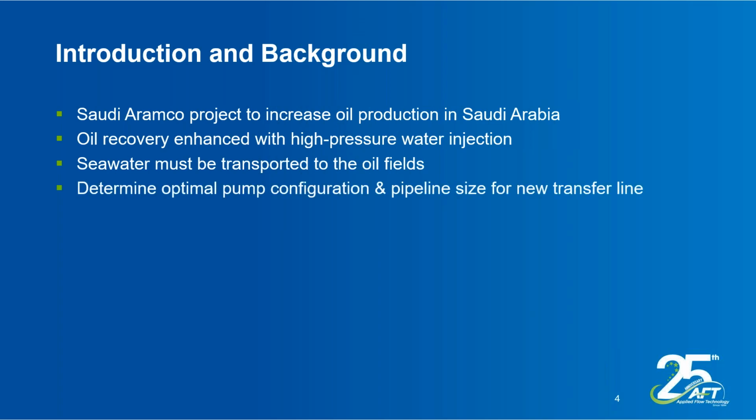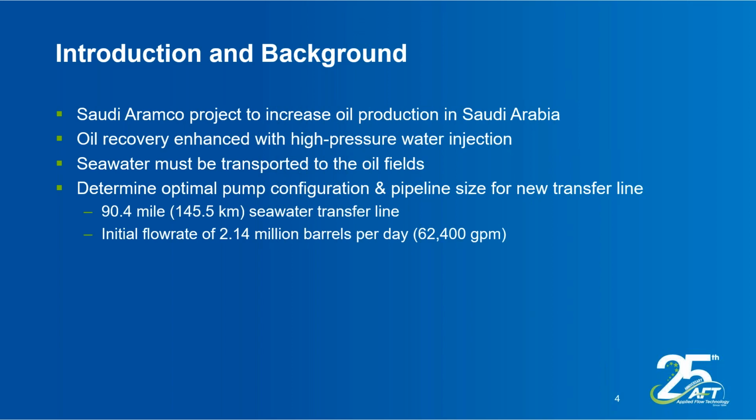So this is where the goal was to determine the optimal pump configuration of their system and to size a new pipeline for transferring the seawater for the oil reinjection. The total pipeline length was about 90.5 miles long, all through Saudi Arabia.